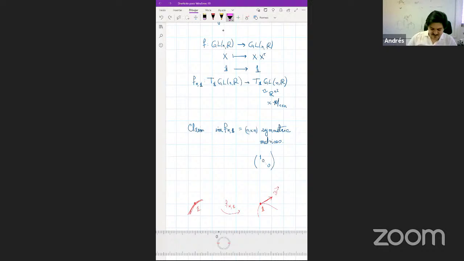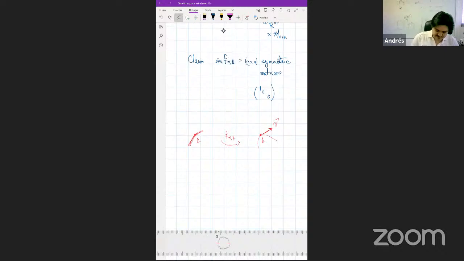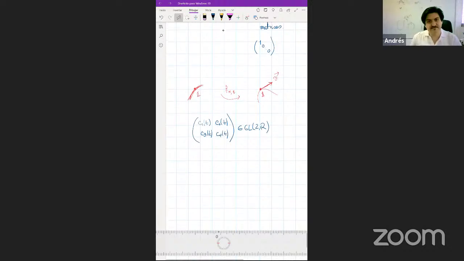Okay, let's do it in dimension 2. I want a curve, so let's put, okay.